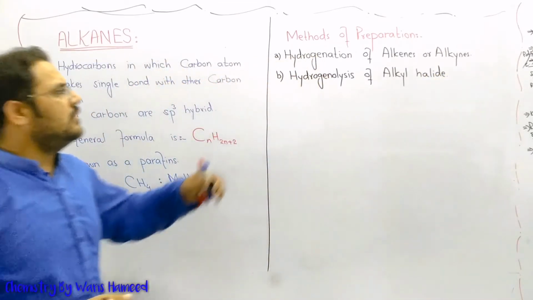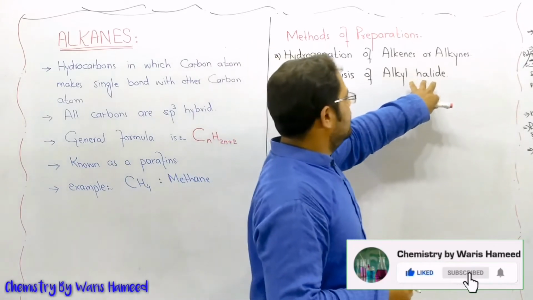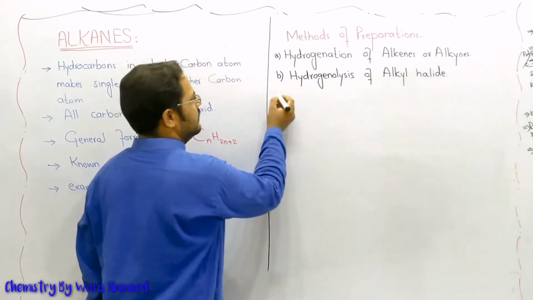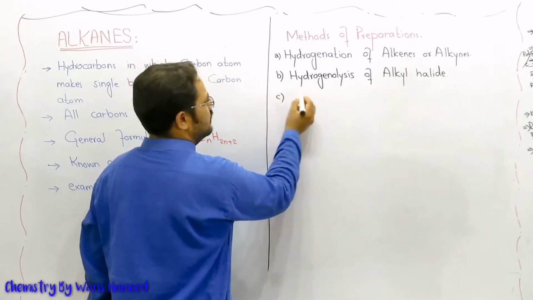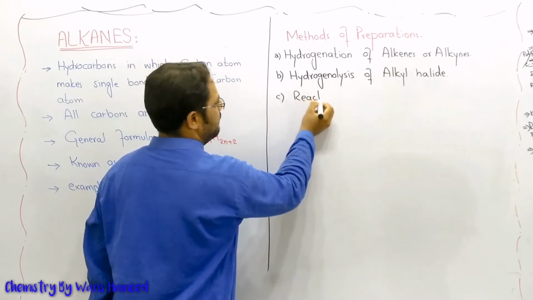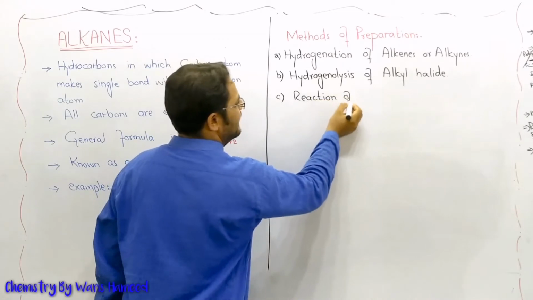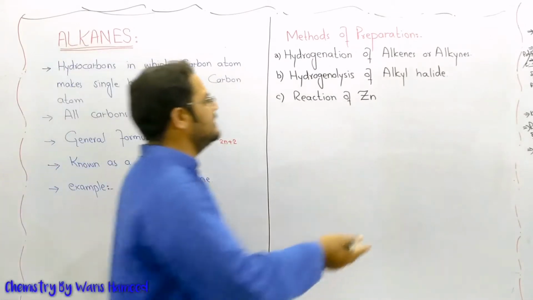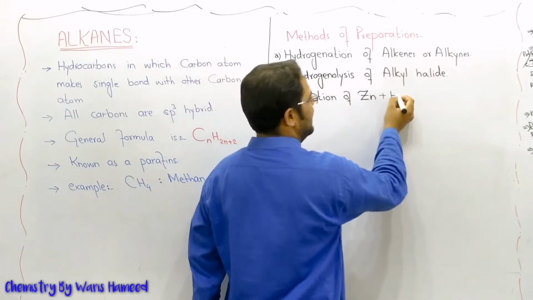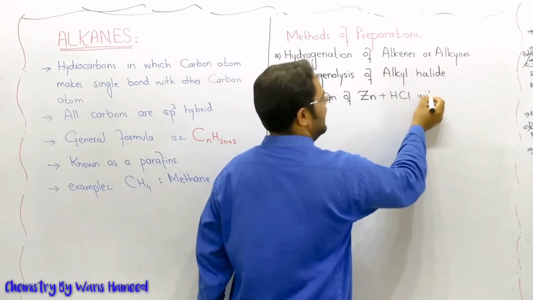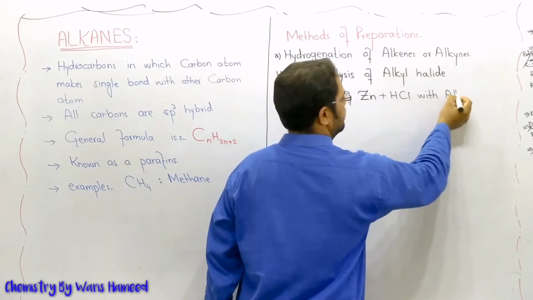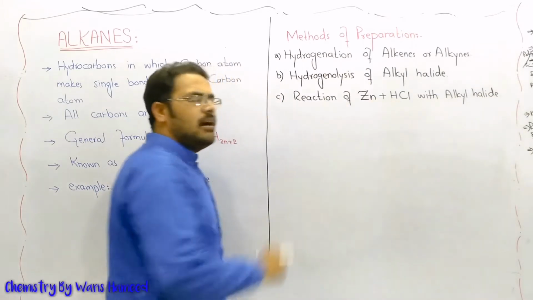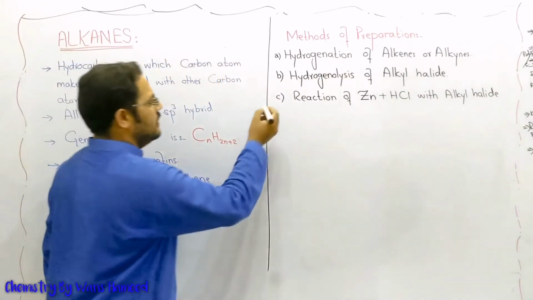We can also form alkane by the removal of the halogen atom by reacting alkyl halide with zinc, in the presence of any acid like HCl. This reaction also yields alkane.